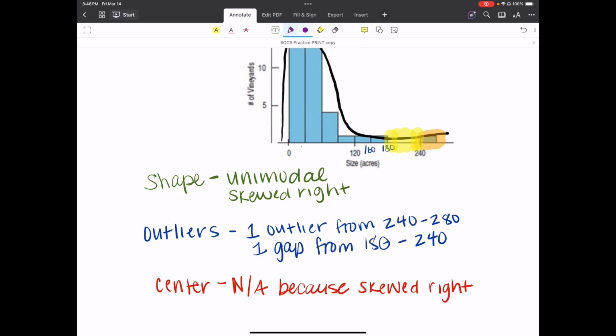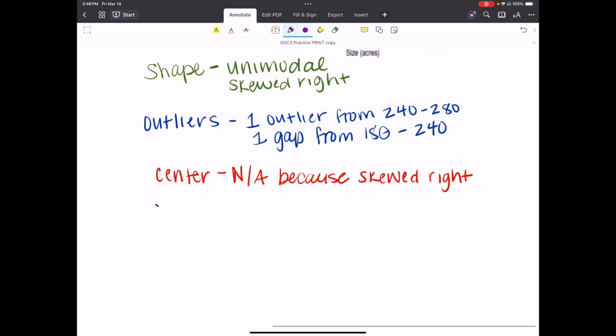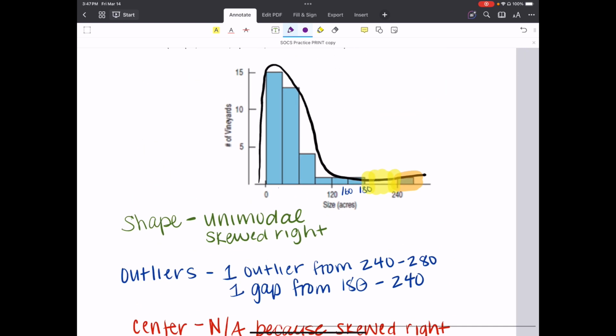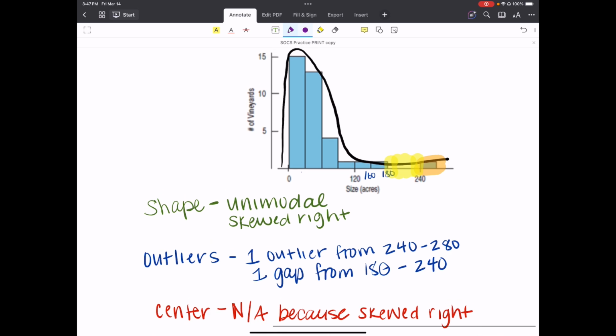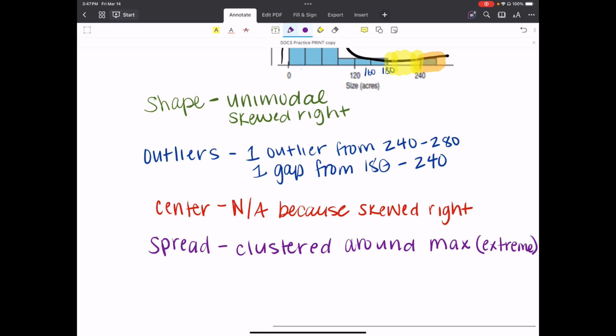And then lastly, let's talk about the spread of the graph. So spread is talking about how tightly clustered the graph is. So if we look, we're going to say clustered around the maximum or the extreme. So extreme just is another word for maximum. And then we also talk about the range.